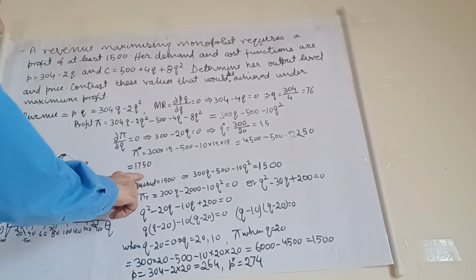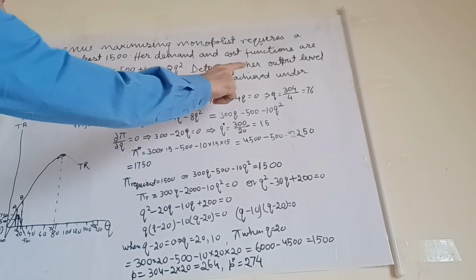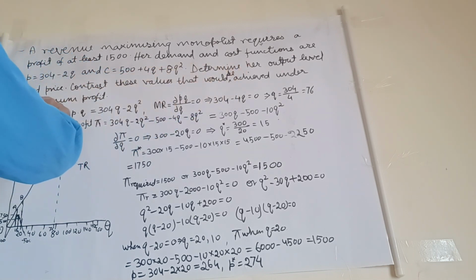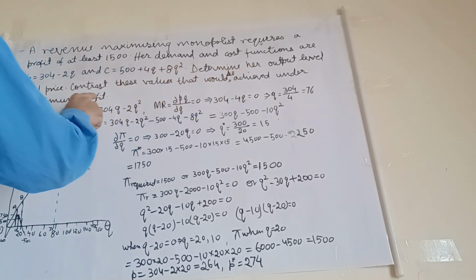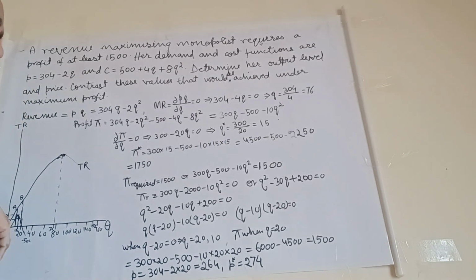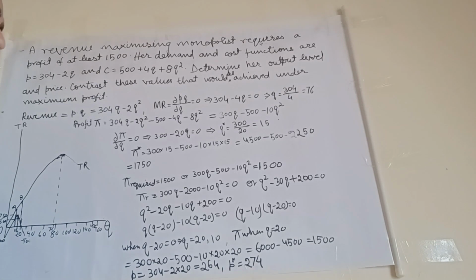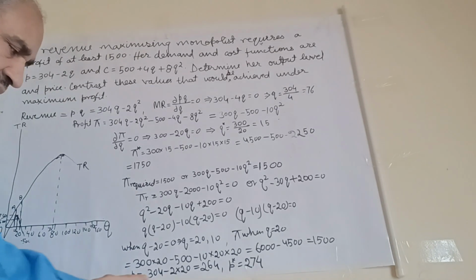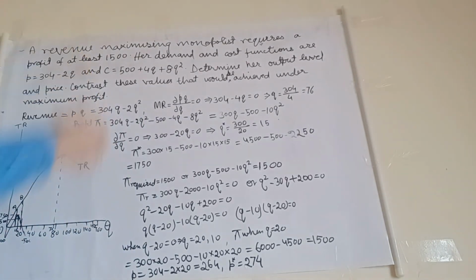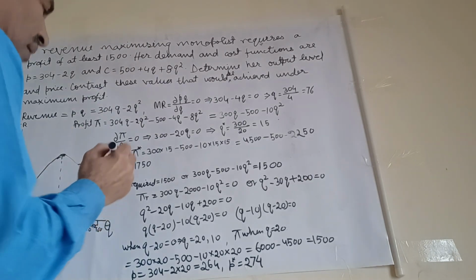So this solves this part of the question: what would be the output level and price at the maximum profit. Output level is Q = 15 and the price I have not calculated yet, that I calculate below, but if you want I can calculate it now as well.